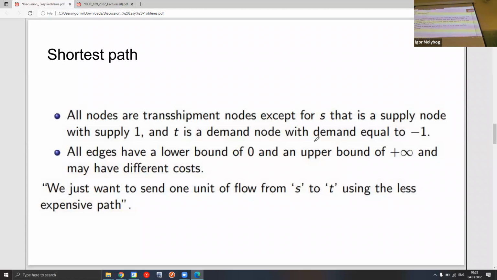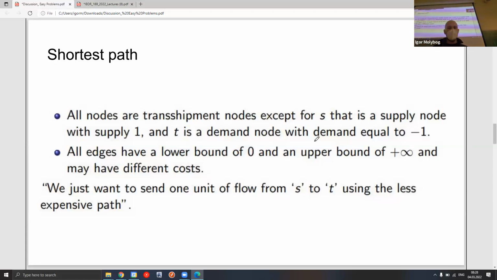It could be directed, normally it's an acyclic graph, but it also could have a cycle. So all other nodes are transshipment: in all the nodes between the source and the target, the demand is equal to 0.